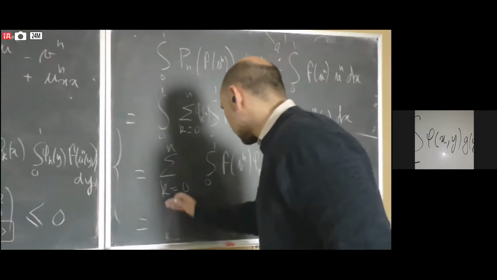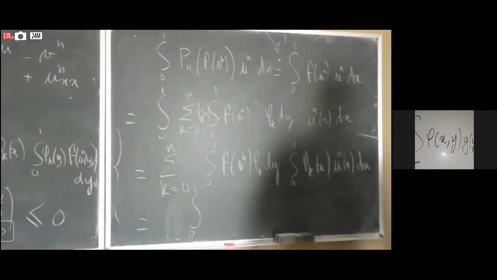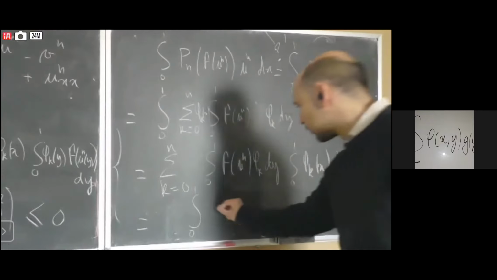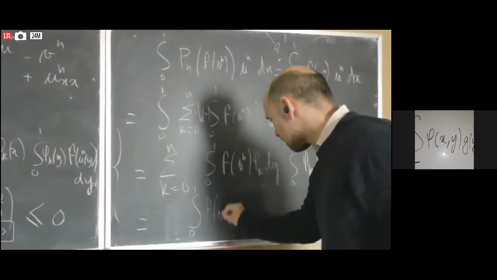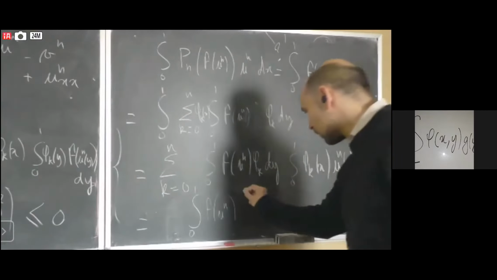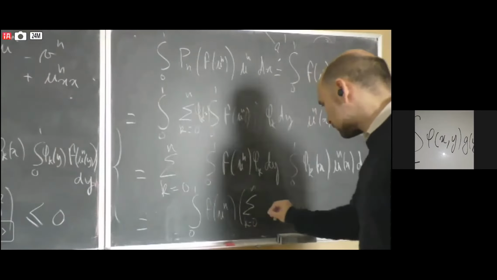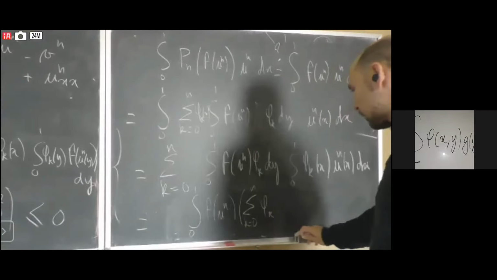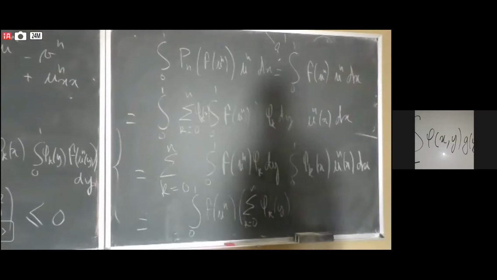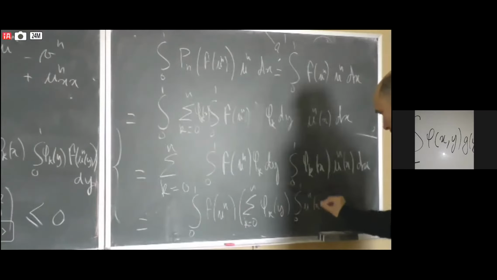So no, sorry. Now I take the integral here, and I put the sum after. So basically I put the dy now at the end, and I do that. So I want to make it clear, it's a y here, and then integral 0 and 1 of un of x pk.